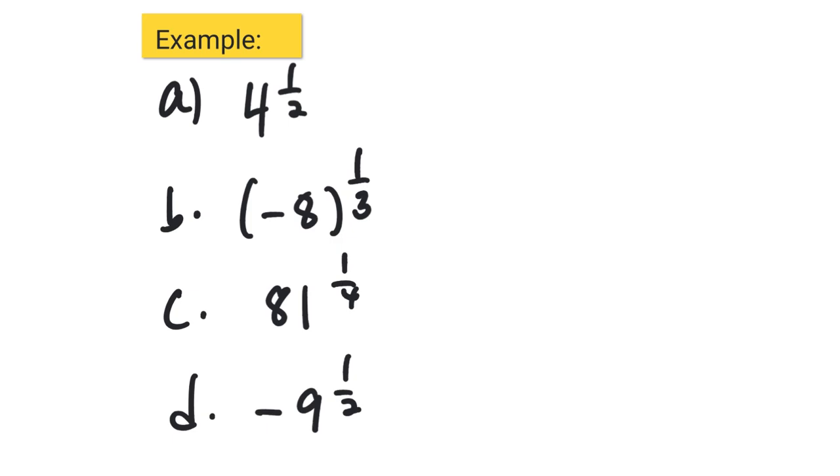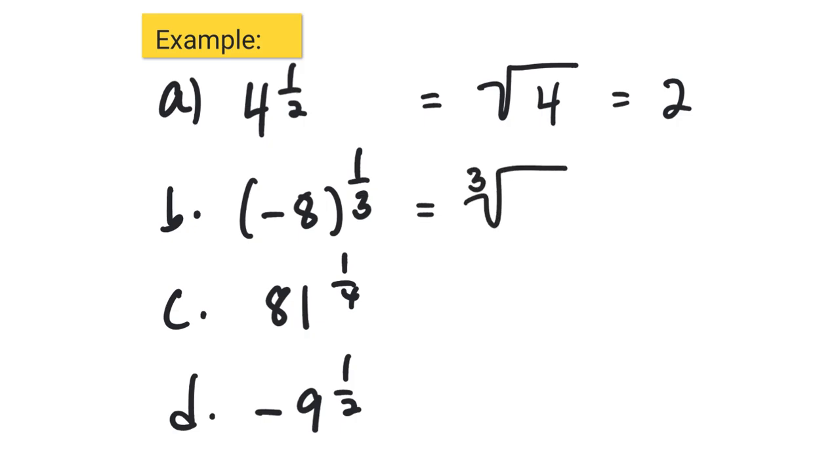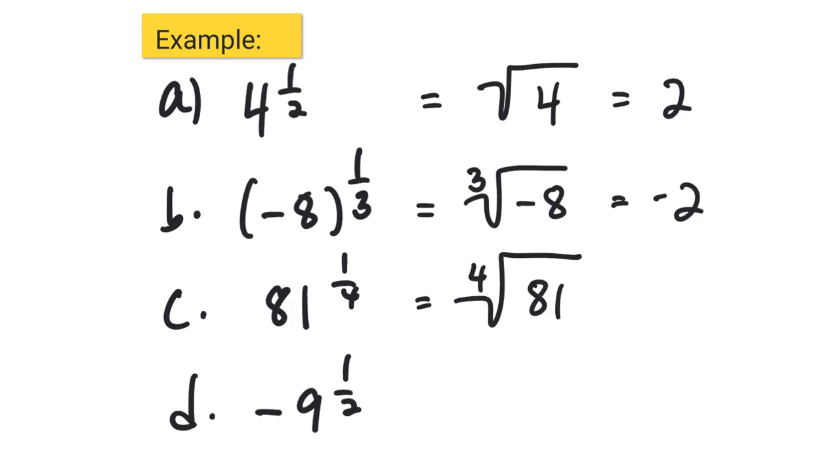More examples. 4 raised to 1 half can be written as the square root of 4, which is equal to 2. Negative 8 raised to 1/3 can be written as the third root of negative 8, which is equal to negative 2. 81 raised to 1 over 4 can be written as the fourth root of 81, which is equal to 3.